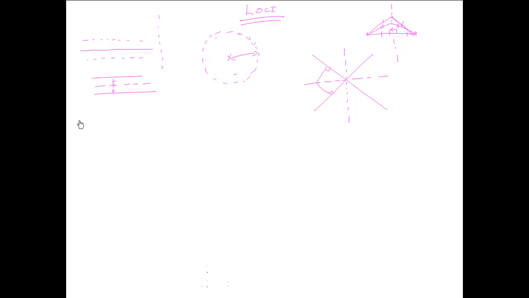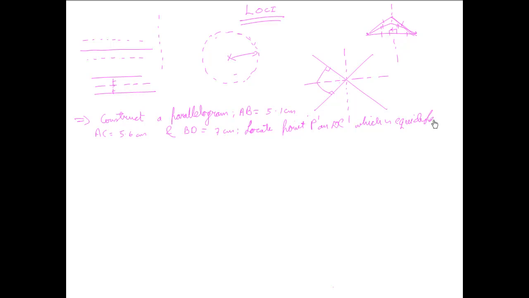Question says, construct a parallelogram ABCD. Locate point P on DC, which is equidistant from AB and AC.